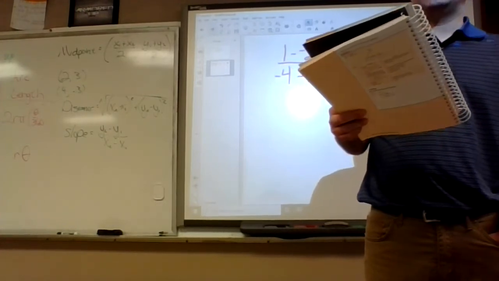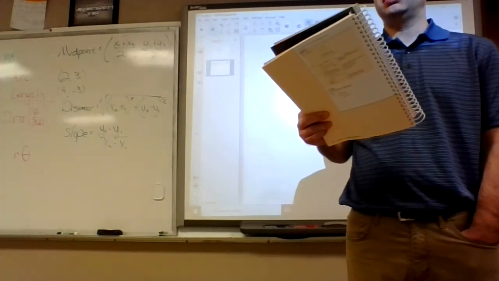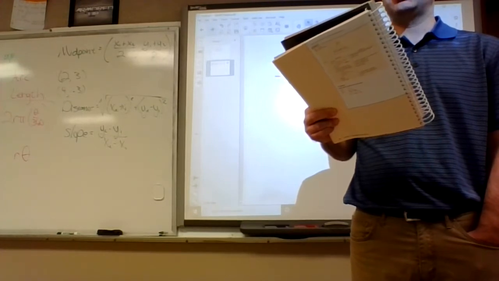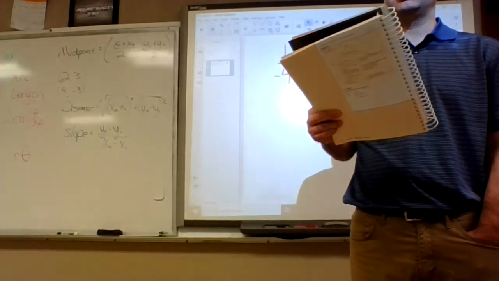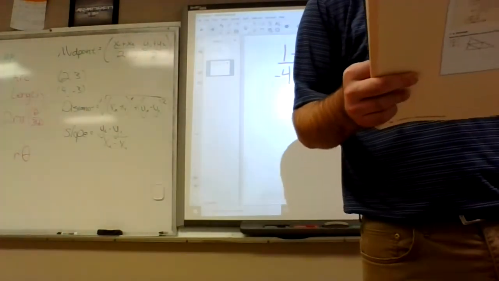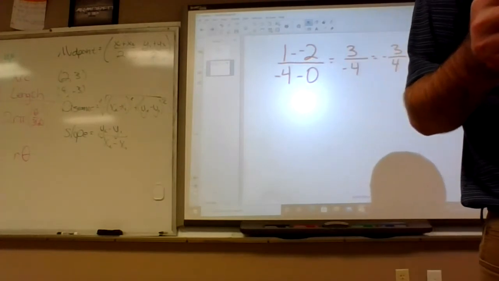We probably better talk about number 8. What characteristic of triangle ABC can be determined by the slopes of its sides? AB and BC are parallel. It's a right triangle.